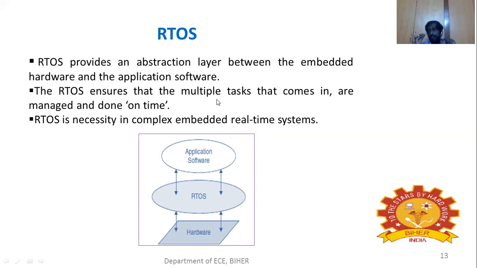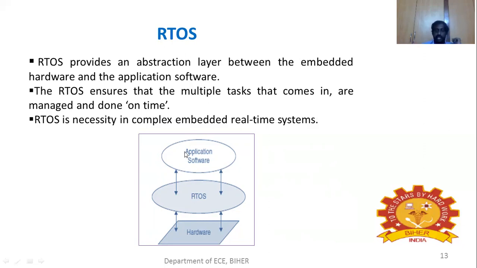The RTOS ensures that it is completed within a stipulated deadline. So this is the major function of a real-time operating system. And why do we use an RTOS? The RTOS is a necessity in complex embedded real-time systems dealing with many tasks which should be completed within the deadlines.